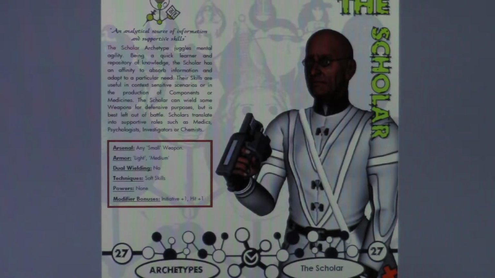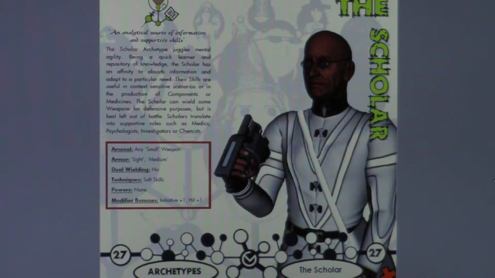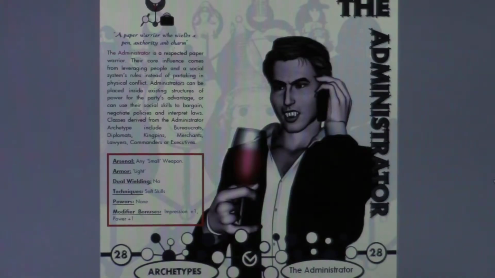He's your doctor, your medicine man, your chemical engineer, somebody who uses their skills to support the party by making components, medicines, anything of that nature. Put him in a science lab, and that's what he does best. So that's essentially what the scholar's about: research, information, things of that nature.